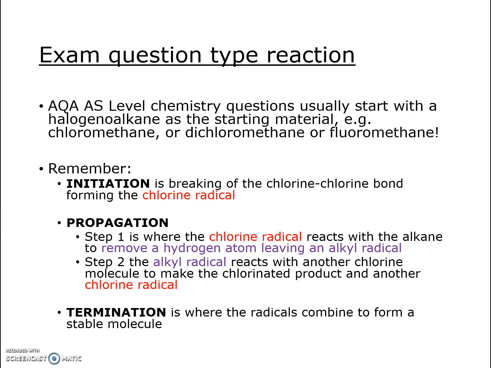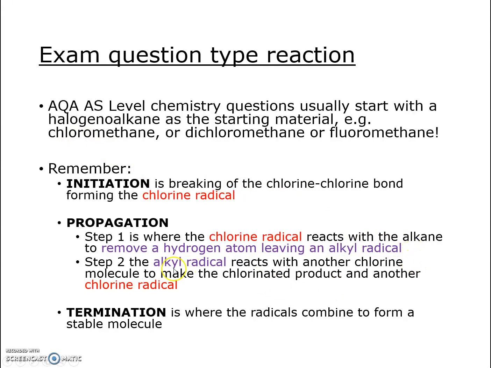In step 1, the newly formed chlorine radical will react with the alkane or the chloroalkane or whatever it is, and it will remove a hydrogen atom, leaving an alkyl radical. So it doesn't remove the chlorine that's already in chloromethane, it just removes the hydrogen.